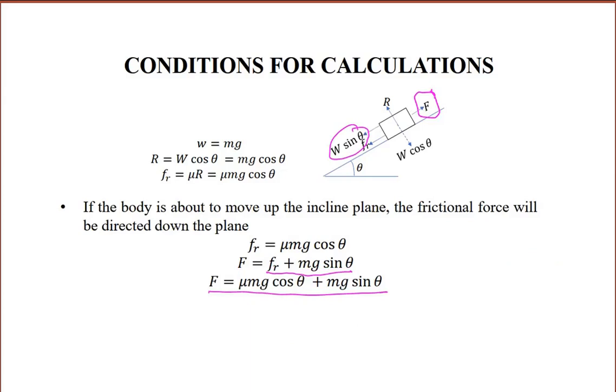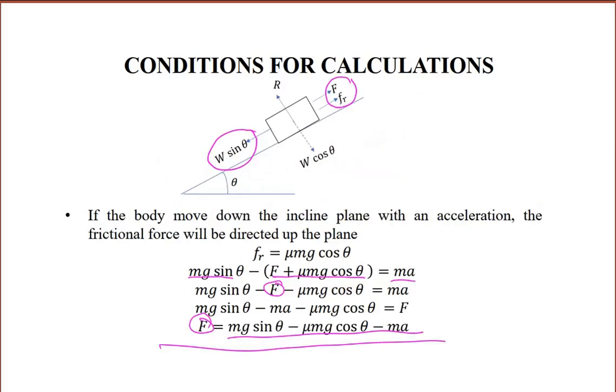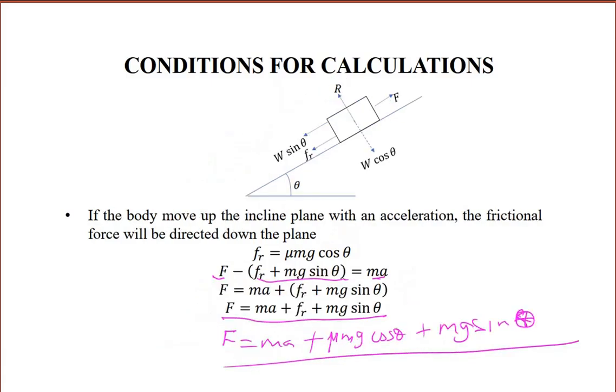The third condition is if the body actually moves down the plane with a uniform acceleration. And the last condition is if the body moves up the plane with a uniform acceleration. So when a body is placed on an inclined plane and a given force is applied to the body, we have 4 conditions to consider in our calculation. Thank you.